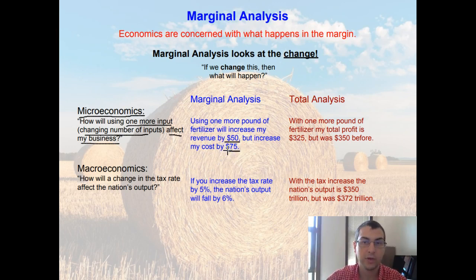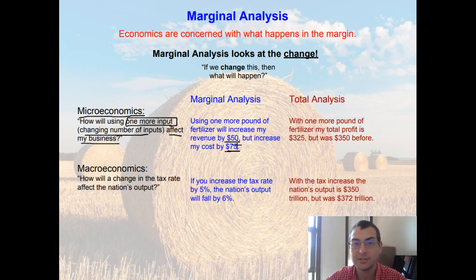So if your revenue is going up by 50 but your cost is increasing by 75, you actually lose $25. So you would actually not want to use that 1 more input because you're actually going to lose profit off of it. Your total profit's actually going to go down because it's going to cost you more than what you'll receive for it.